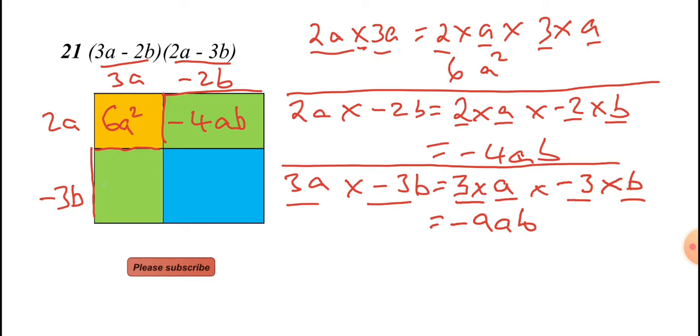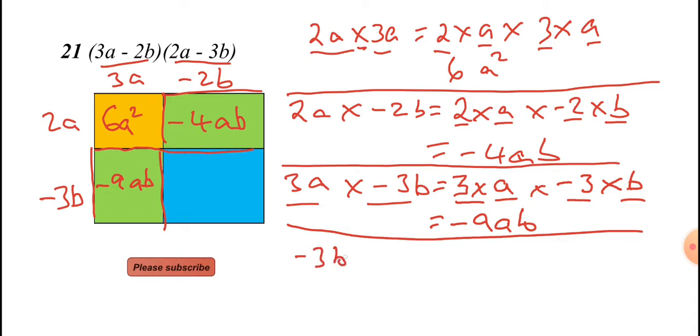So I'll copy that down, minus 9ab, and then finally I've got to do minus 3b times minus 2b. That is the same as saying minus 3 times b times minus 2 times b.